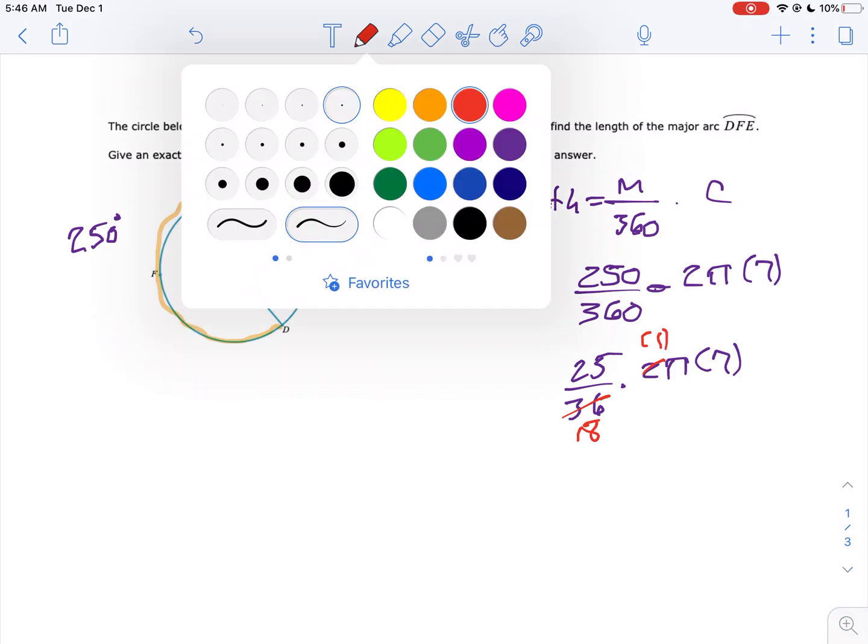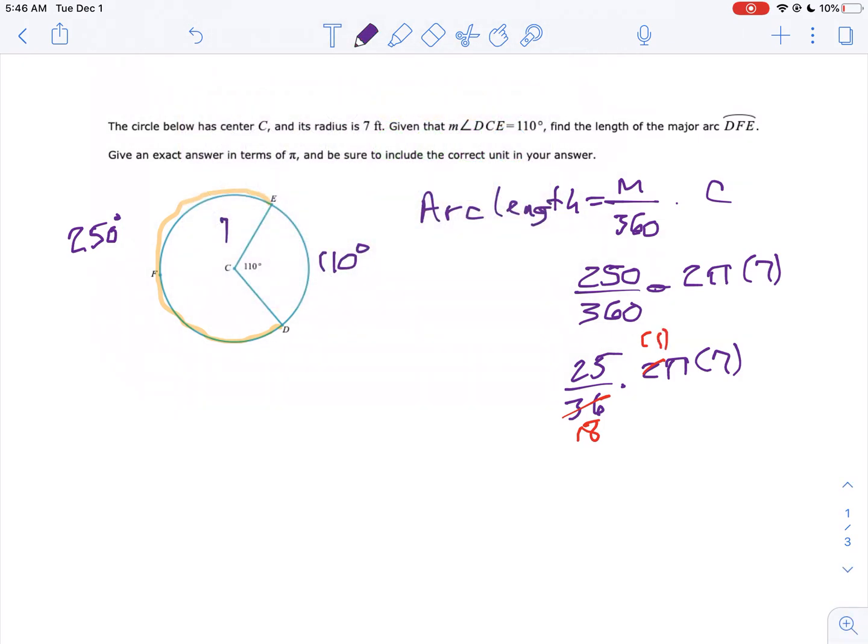And then we're going to take 25 times 7. Let me see. 25 times 8 is 200, so 25 times 7 is 175 pi divided by 18, and that would be feet, because arc length is measured in linear units. And there's your answer.